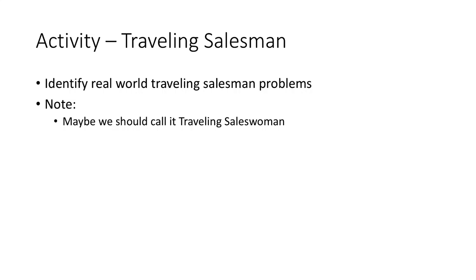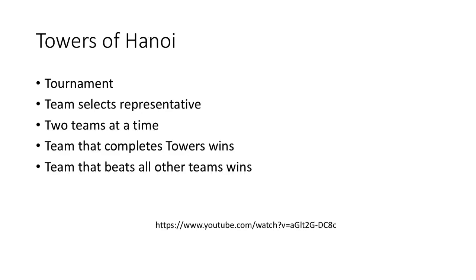However, if you decide to do it, one of the additional activities to point out, and one that could be successful, is to ask them to identify scenarios in the real world that are traveling salesman problems, without solving it, since the traveling salesman problem is a very challenging problem. Now, one last note that I made to myself is maybe we should call it traveling saleswoman as opposed to traveling salesman.